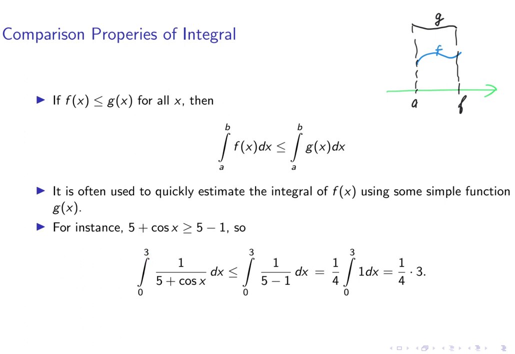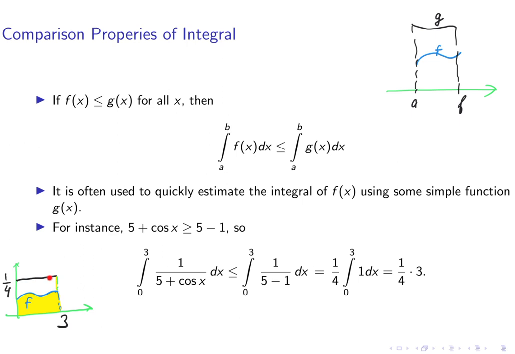Therefore, the integral of our function is less or equal than the integral of the constant function 1/4. Then the integral of our function, represented by the area under the curve f, is less or equal than the integral of the constant function 1/4.